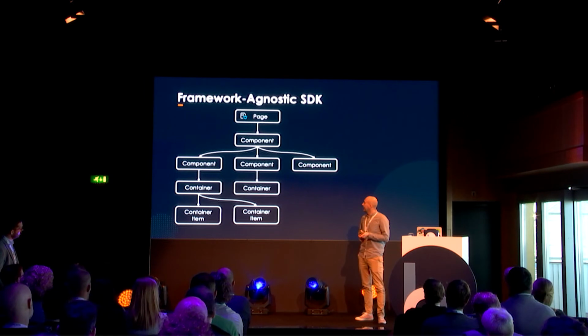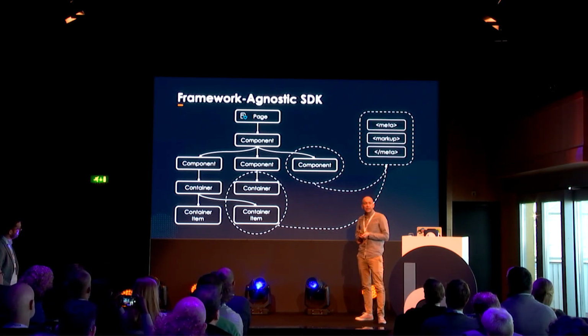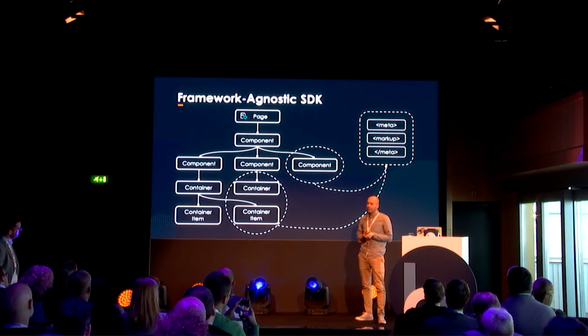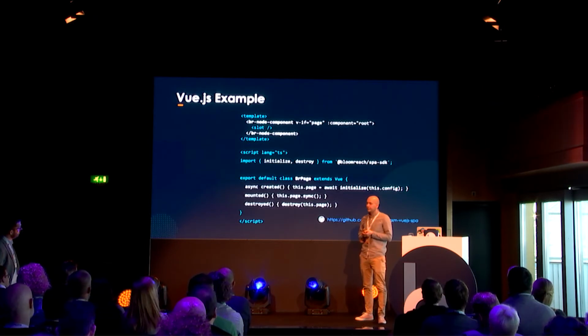And if we take a deeper look at these two, you'll see that it's just plain HTML markup wrapped inside some metadata, which is also HTML markup. It's pretty simple. And we can try to build something out of it using the Vue.js framework.